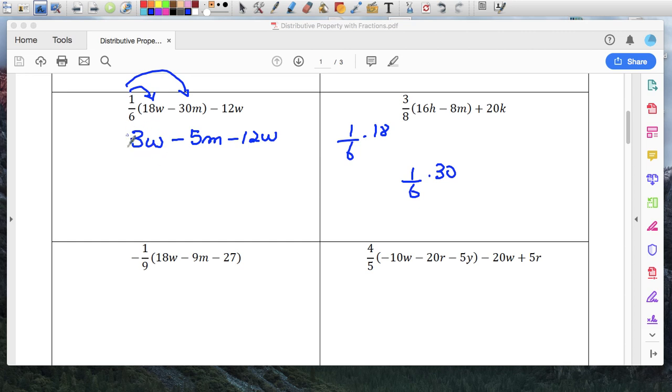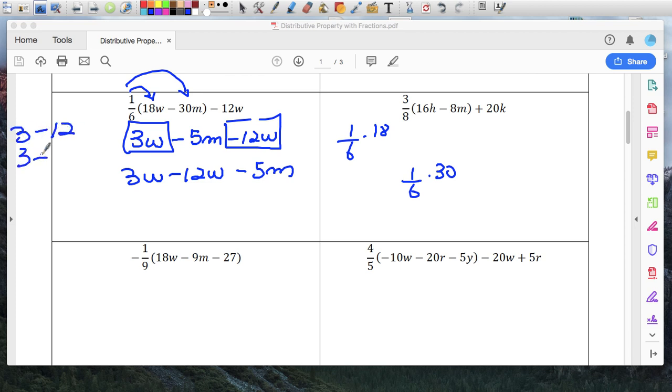I can combine this guy here with this guy here: 3w minus 12w minus 5m. 3w minus 12w, think of it as 3 plus negative 12. I can make 3 pairs of 0 pairs, and I'm going to be left with a bunch of negatives. How many negatives? Negative 9. So this results in negative 9w, and then minus 5m.